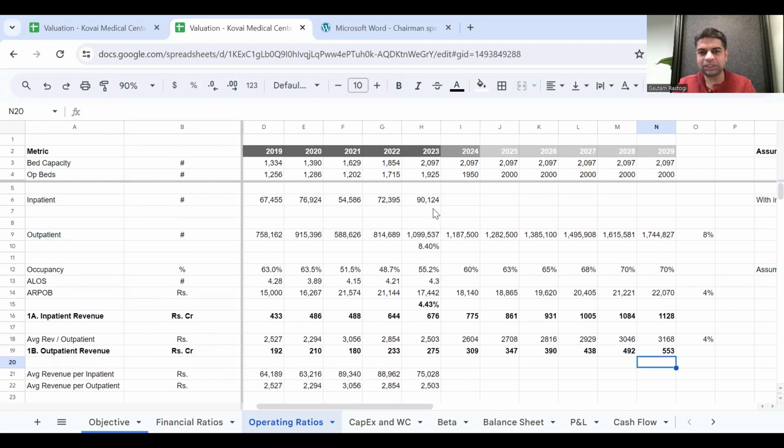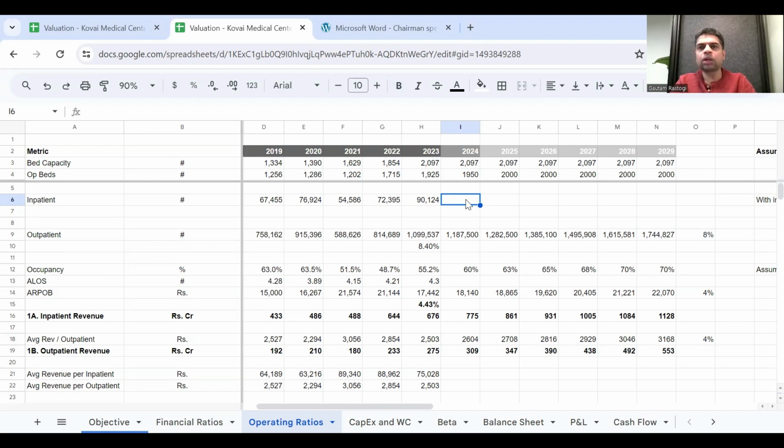Let's back out the number of inpatients, using some of the metrics that we have modeled out in the future. Then we'll get a sense of whether our assumptions are reasonable or not grounded in reality.